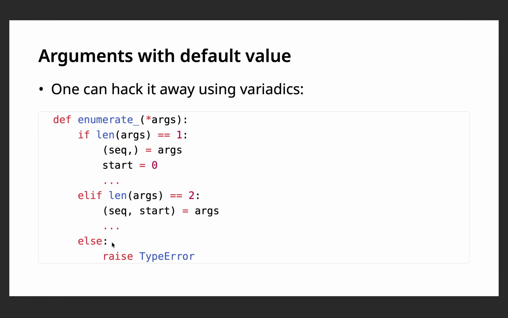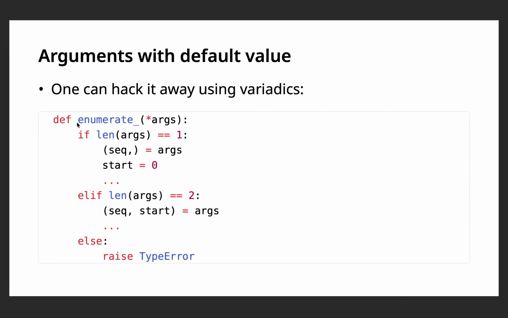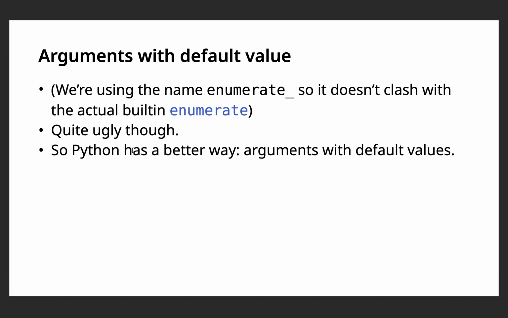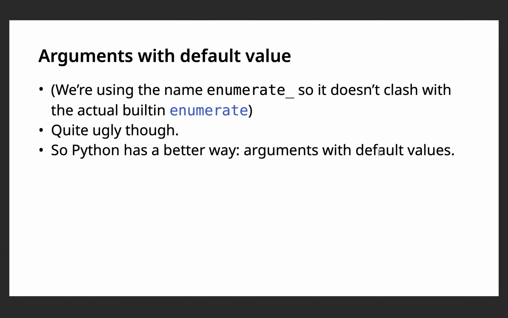You would have to support another branch for the case length of args is equal to 3 or something. So is there a cleaner way to do something like this? And for that, what Python has is what we call arguments with default values. So let's look at what that is.